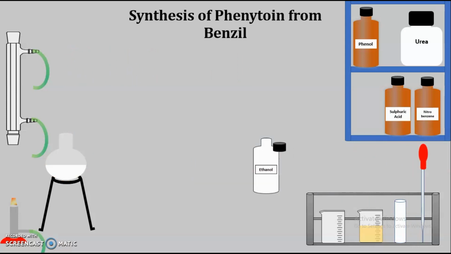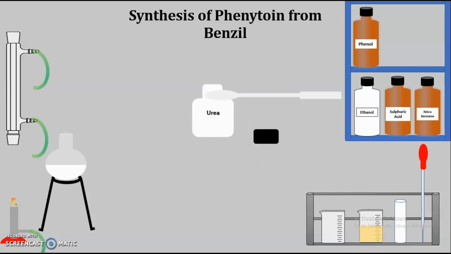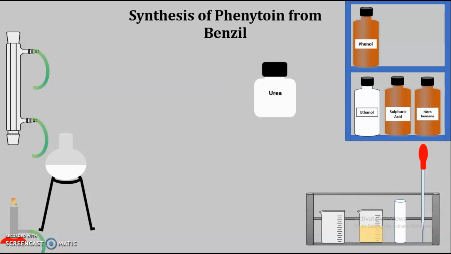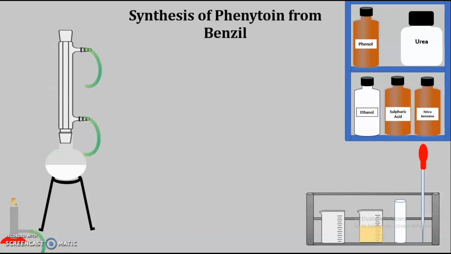Then we will also require the urea. 0.6 gram of urea is required, which we will take with the help of the spatula. Here you can see we are taking the bottle of urea. With the help of the spatula, we will measure that urea and transfer it into our RBF. Once we have taken all these chemicals, we have to attach a reflux condenser to it, and start the heating for this experiment.